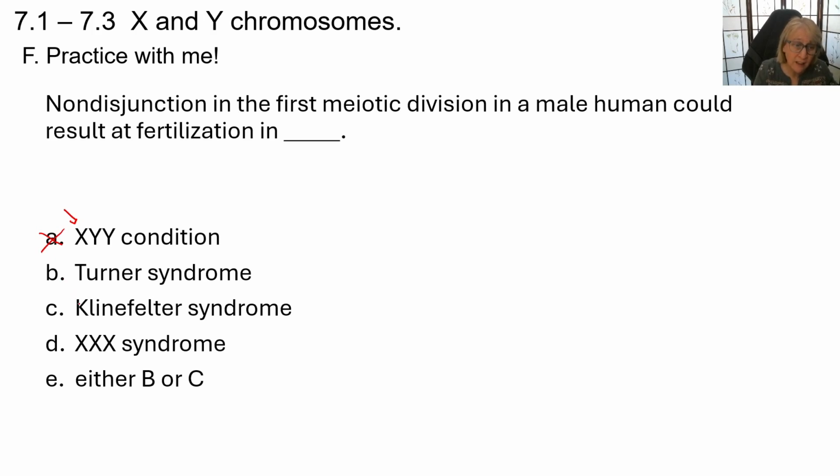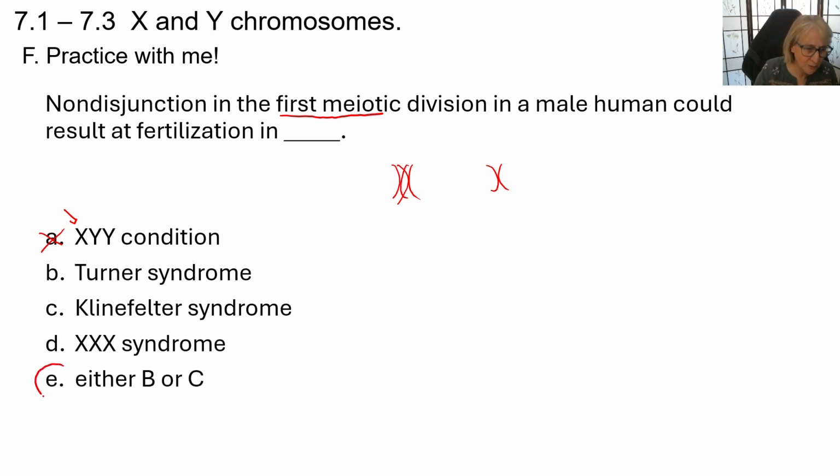If you said A, I want you to go back and think about what happens during meiosis 1. Do I separate homologous pairs or sisters? I think it wouldn't be bad to go through meiosis one more time, probably many more times, and see where we would have two Y's stuck together versus where we would have an X and a Y stuck together.